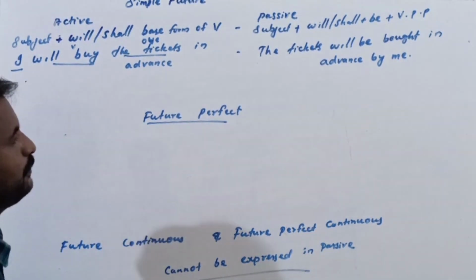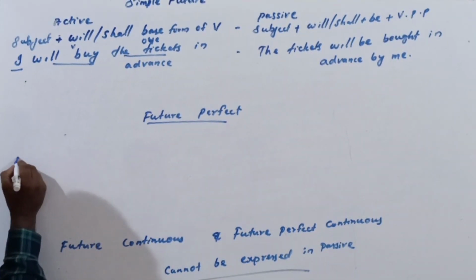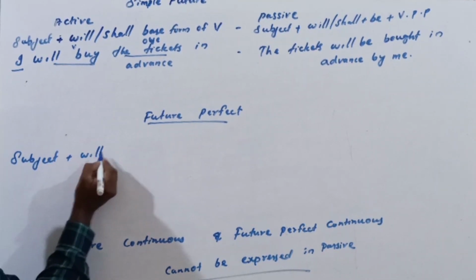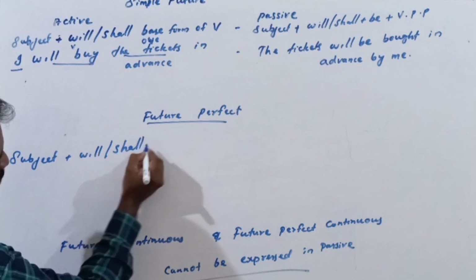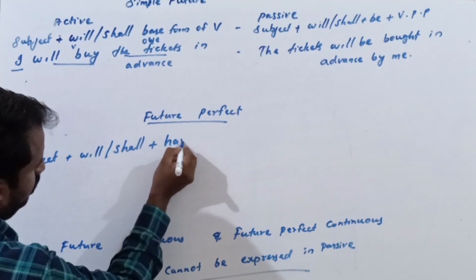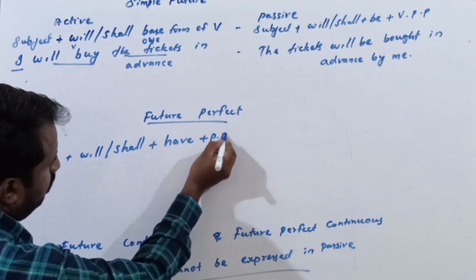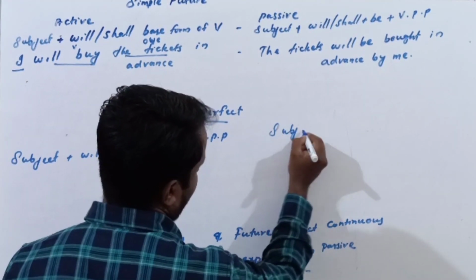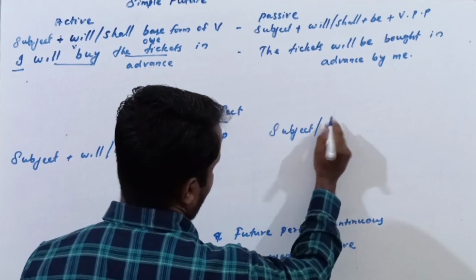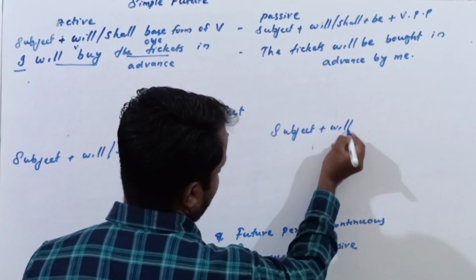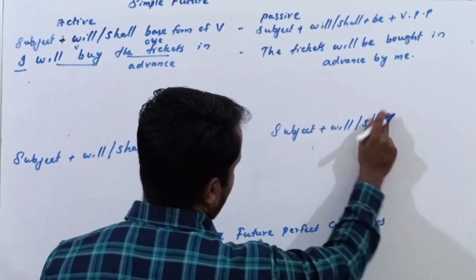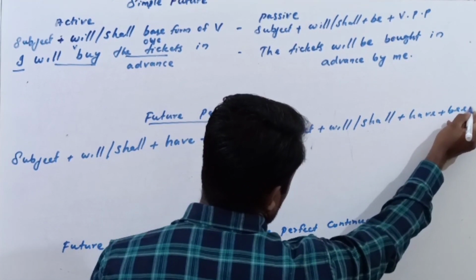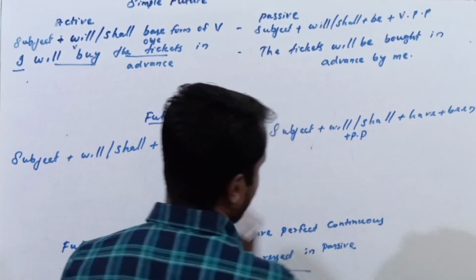Future perfect. Let us go for the future perfect. Active form: subject plus will or shall plus have plus past participle form of the verb. And passive form: subject plus will or shall plus have plus be plus past participle form of the verb.